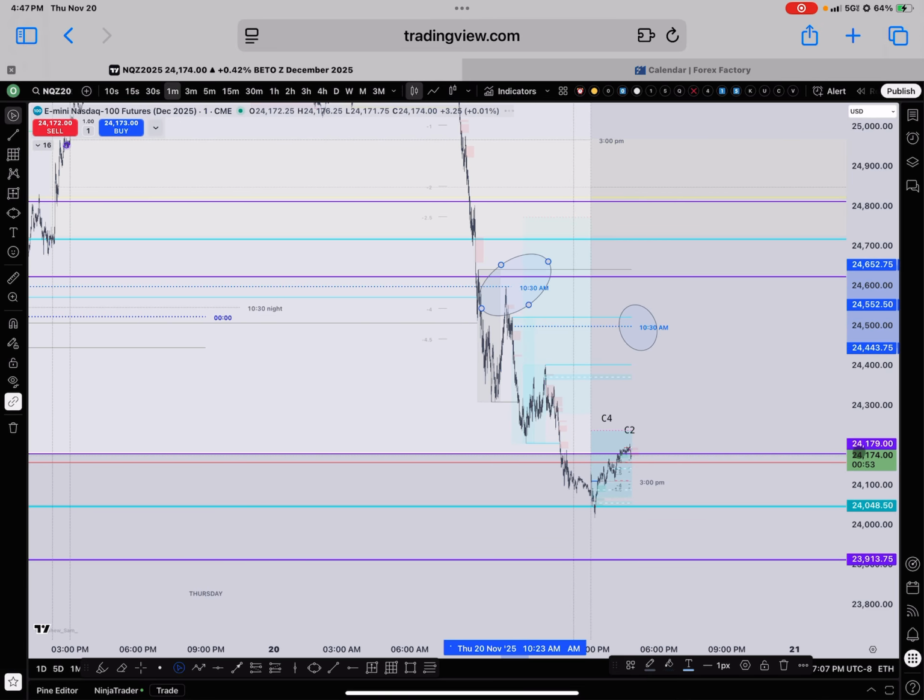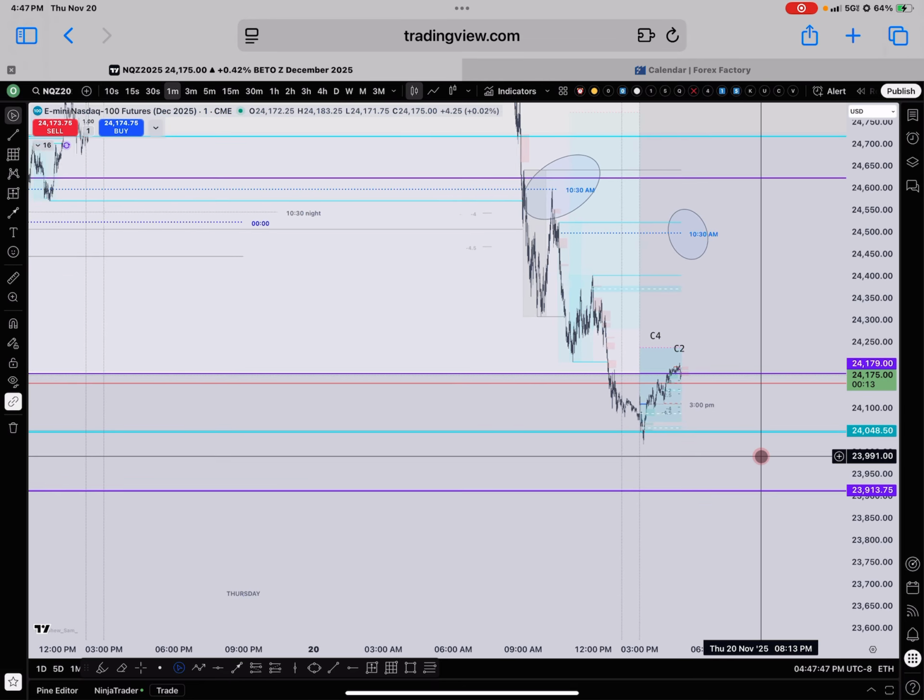So now I'm expecting some type of retracement today, after market. I'm expecting price to come at least all the way to here, to 10:30. With that said, we dropped pretty good today.